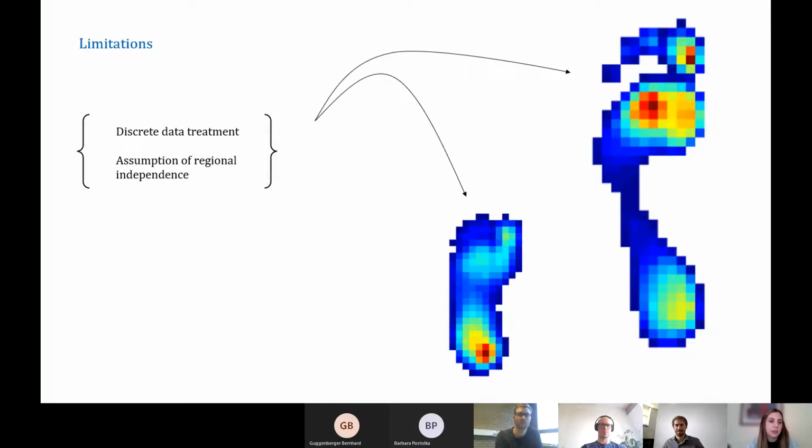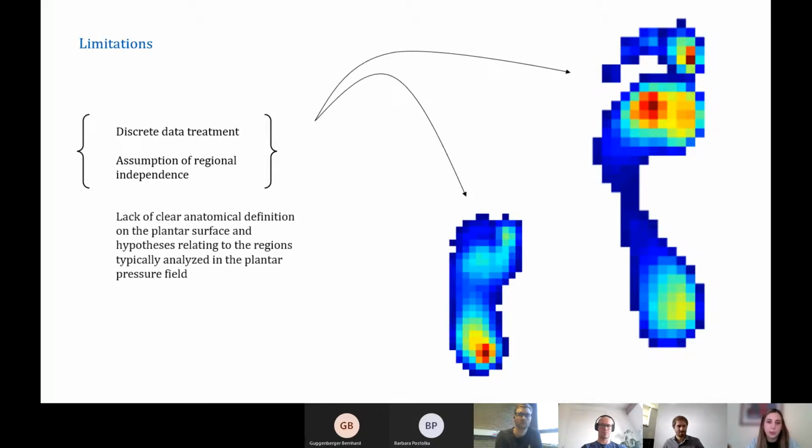I added another limitation of this approach that relates mainly to infant pressure data. It's the lack of clear anatomical definition on the plantar surface and hypotheses relating to the regions typically analyzed in the plantar pressure field. If you have a look at these images, you see that the adult feet are quite well defined and you can identify the heel, the forefoot, the hallux, while if you look at the infant foot, it's more or less like a blob, really unshaped.